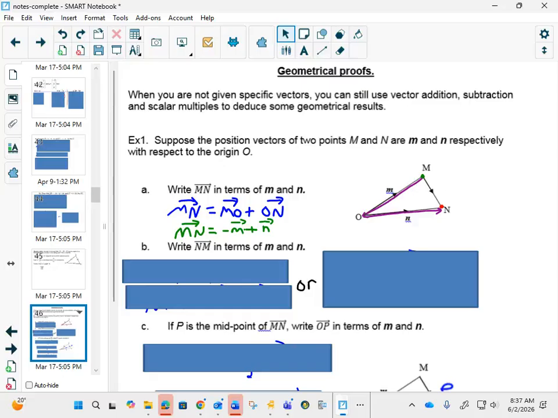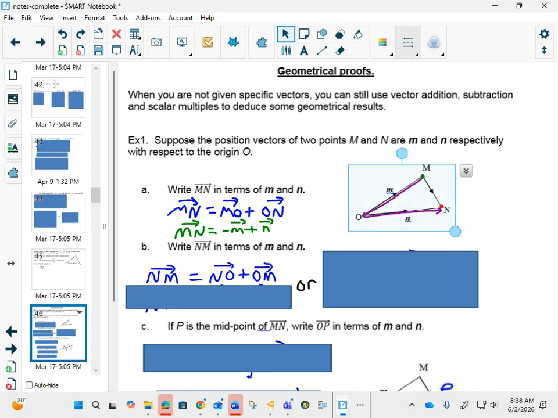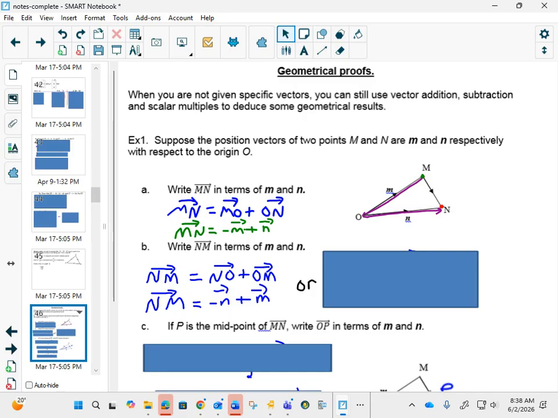You could also take your starting point at the red dot and go to the green dot. And N to M would be first going from N to O and then O to M, which is negative N plus M. Hold on. Wouldn't that be negative?